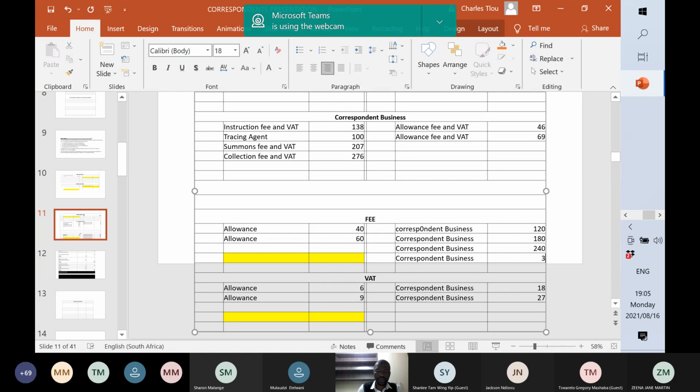At 36 Rand. No. This is wrong here, it should not be here.